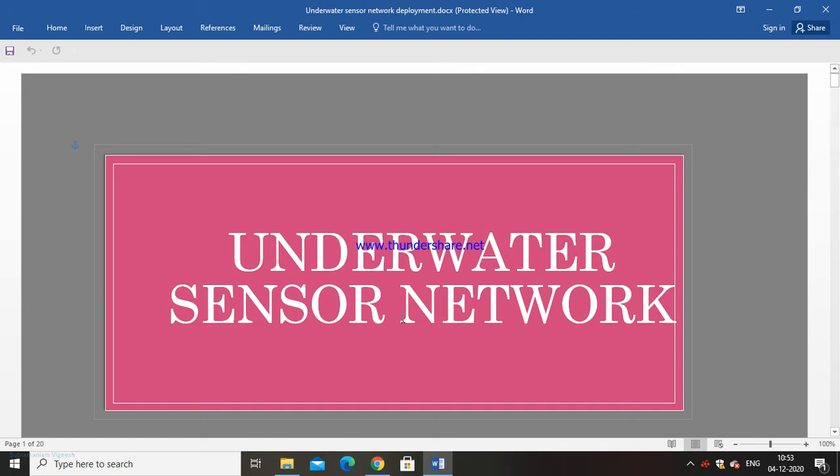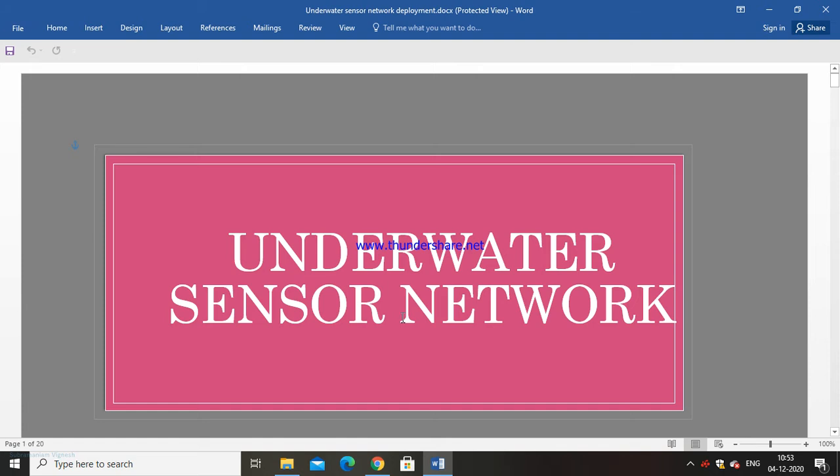How does the underwater sensor work? An underwater sensor network is a network of autonomous sensor nodes which are spatially distributed underwater to sense water-related properties such as quality, temperature, pressure. Underwater communication is mainly done with a set of nodes transmitting their data to a buoyant gateway.